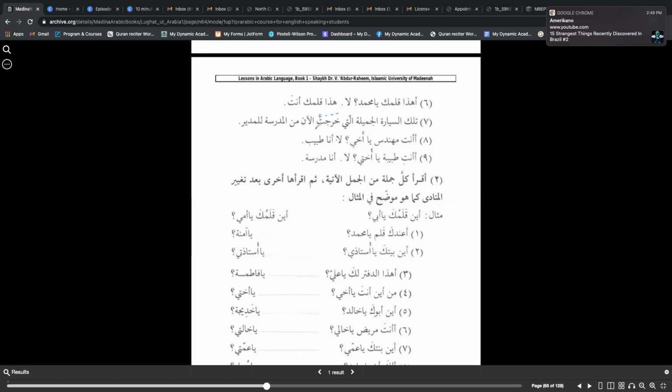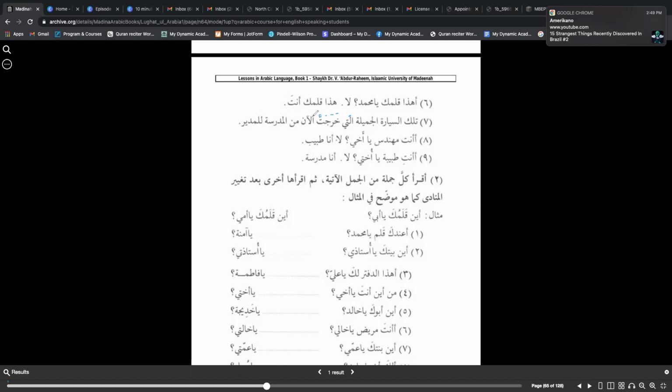So kharajat, and this is something else you have to be aware of, is when you have something with alif lam, which comes after the single feminine verb form in the past tense. Yani for the flow of reading, you don't say kharajat al-ana. This once again becomes like a hamzat al-wasl.